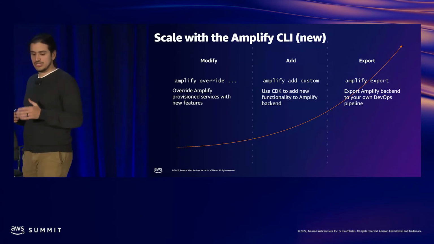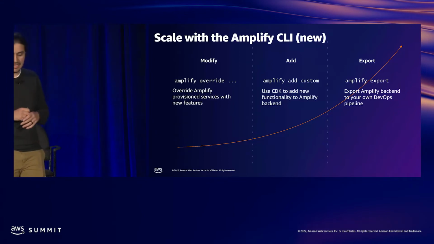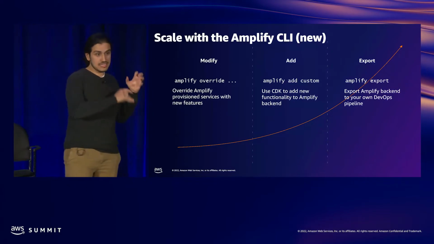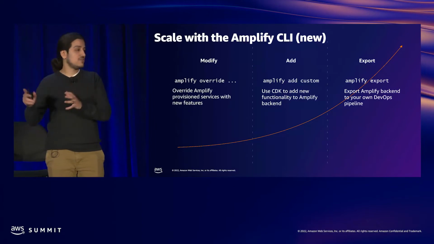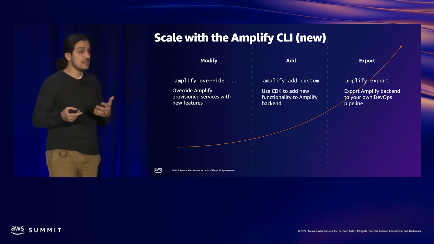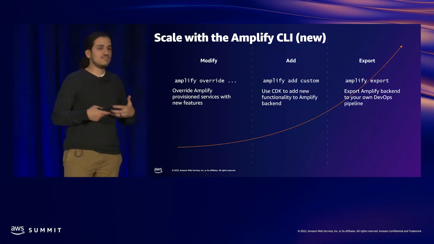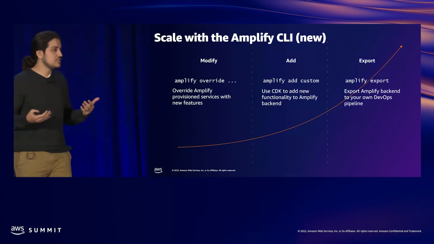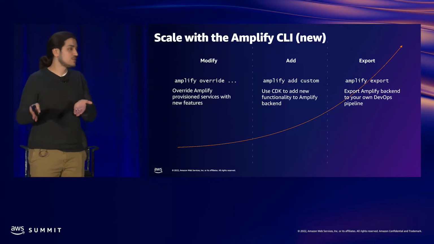And the last piece, which is a more advanced use case, is being able to export your app into a CDK construct that you can then use as part of a CI/CD pipeline that uses CDK. This is really helpful for environments where you have, for example, some compliance that you need to follow in terms of DevOps.